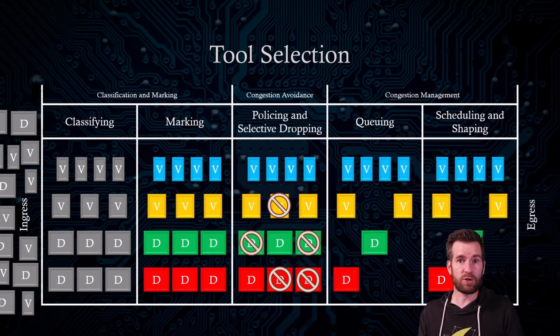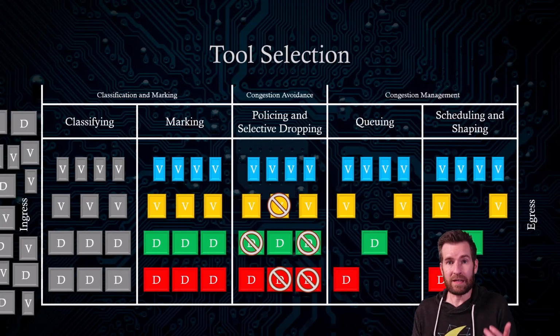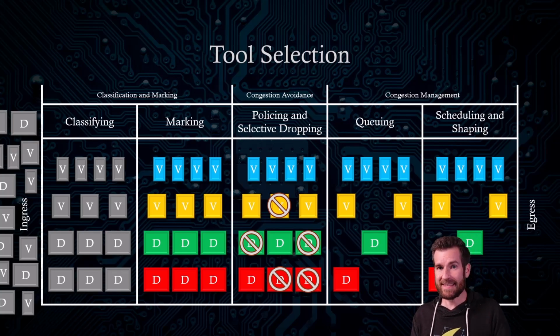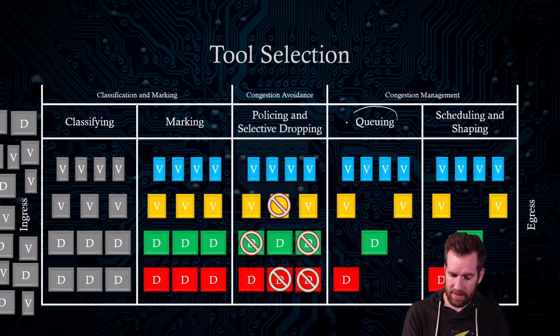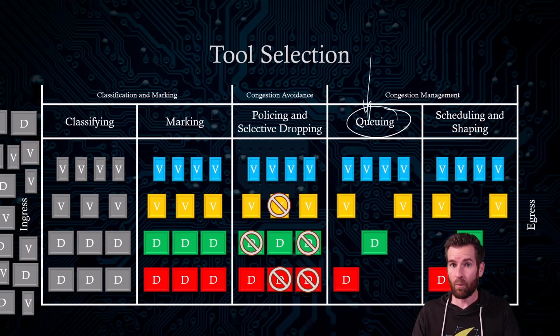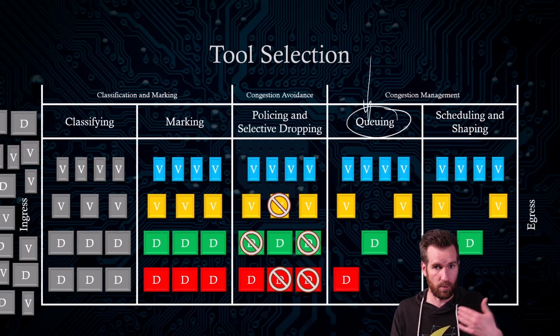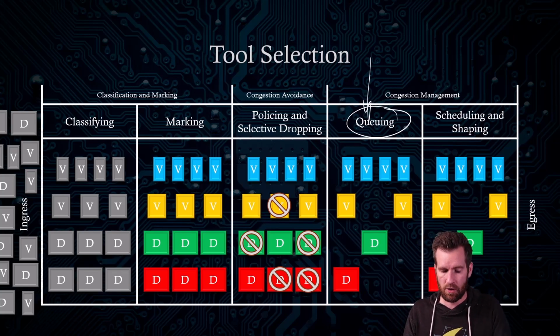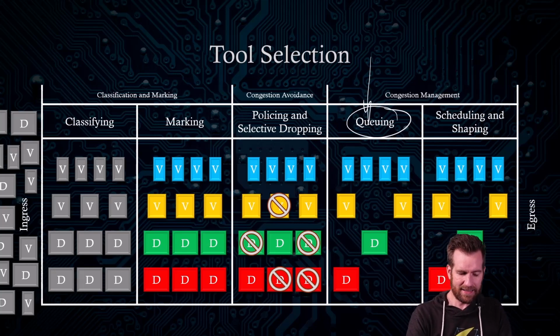So here are the tools that you have to implement QoS. It's not an all or nothing type of deal. We can be selective with that. In fact, what I mentioned is that queuing already is going to exist on your equipment, but we can implement better queuing. So we're going to talk about different levels or different methods of queuing that can make this more efficient. Same thing with classification.